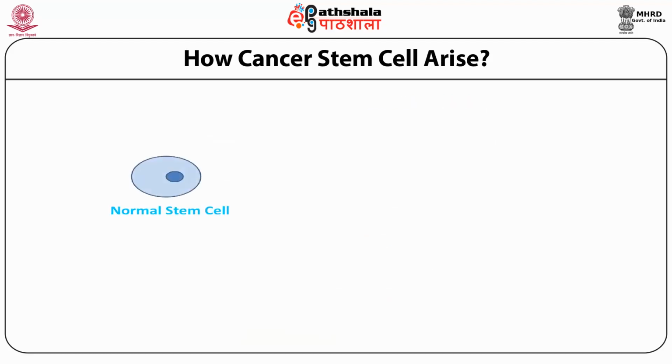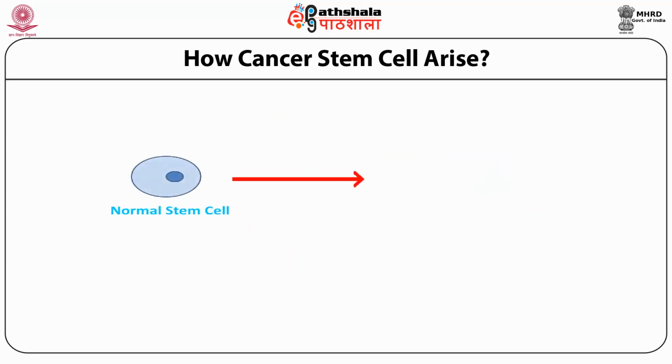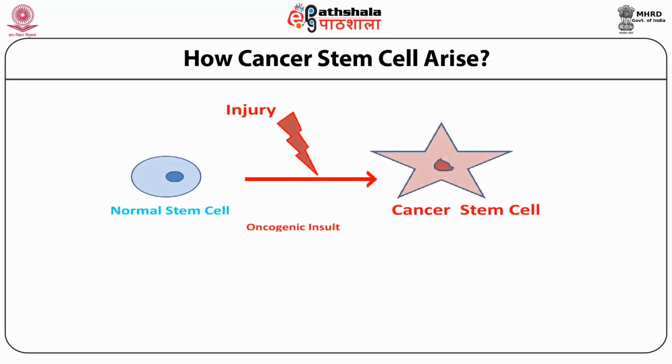So what differentiates a normal stem cell from a cancer stem cell? Or we can ask the question, how does the cancer stem cell arise? The cancer stem cells actually arise from the normal stem cells following an injury, which can lead to either an activation of an oncogene or the loss of a tumor suppressor.